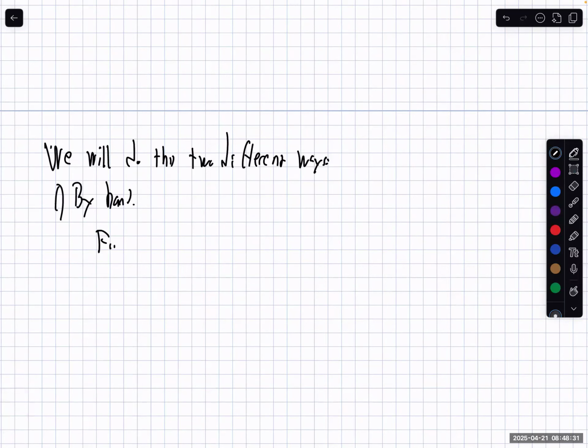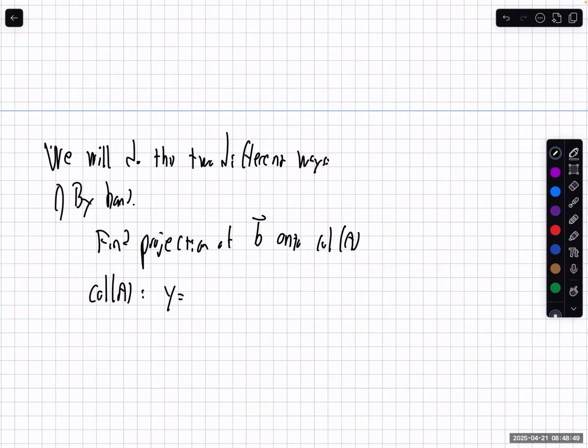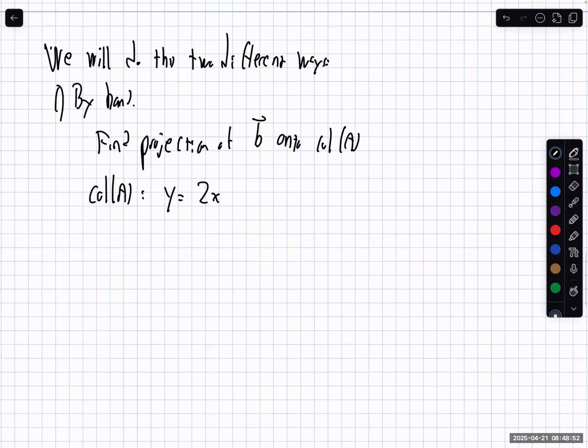By hand, I'm going to find the projection of B onto the column space of A. So the column space of A is the line y equals 2x. And I think we've probably come up with 4 or 5 different ways to do this in class. I'll just do one.